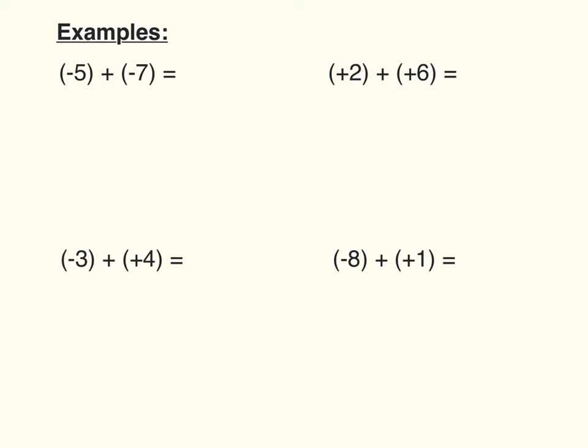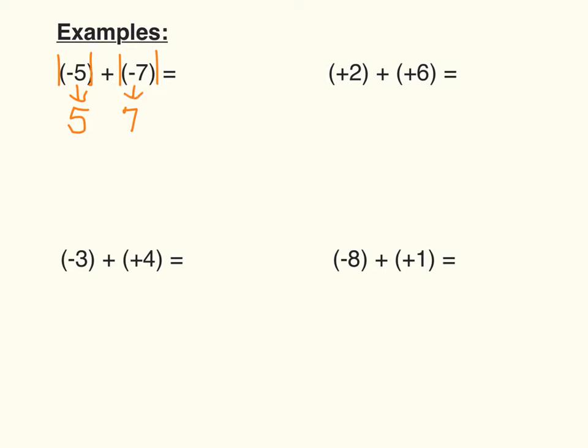So our first example, we know that we're going to be finding the absolute value, but we want to consider those numbers afterwards. So the absolute value of -5 is 5. The absolute value of -7 is 7. And we have to say, if the signs are the same, find the sum.